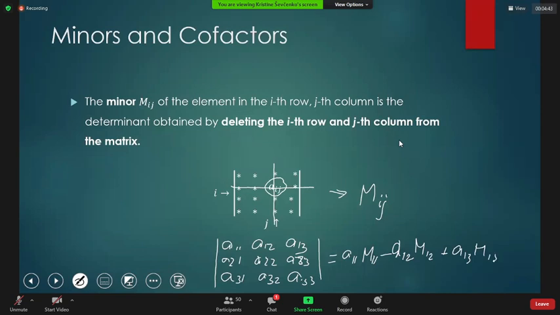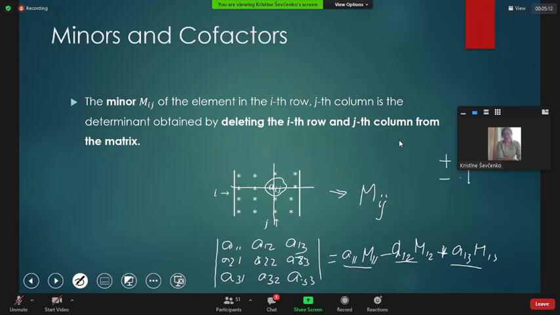But then we said, yes, we could do it by any other column. That is, we take all elements of a column or of a row, multiply each element by the corresponding minor, and then add them up using a certain principle for signs. And the principle was this. If we expand through the first row, we use signs plus, minus, plus for these products. If we expand through the second row, we use minus, plus, minus. If we expand through the third row, we use again plus, minus, plus.